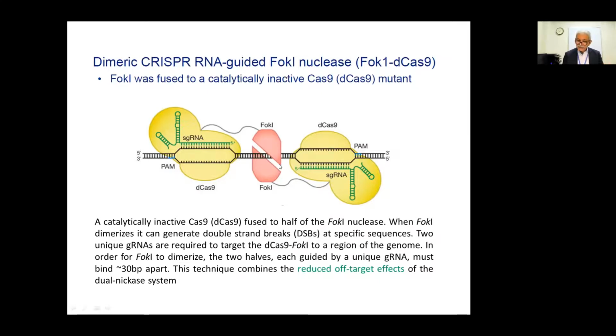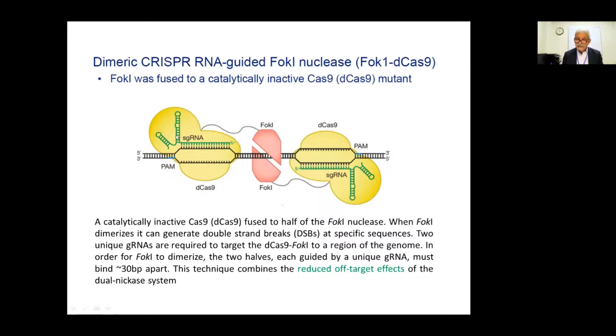The same monomer is fused to the other Cas9 molecule. It means both the monomers are identical. But when the two monomers come together, they make a complete nuclease. And this nuclease is capable of cutting the DNA, the dimeric form, not the monomeric form.